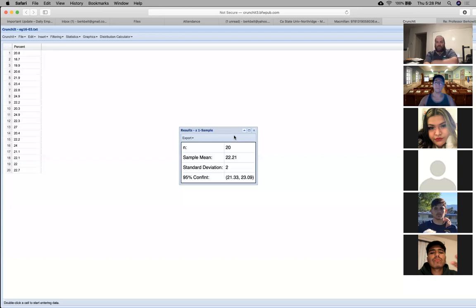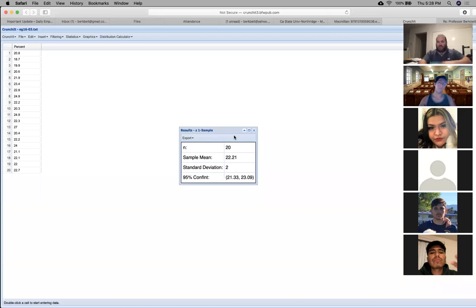Not every confidence interval is going to catch it. Remember, we're not 100% confident. We're only 95% confident. 95% of your confidence intervals of size 20 are going to catch the true value. But the easiest way to interpret it is that we are 95% confident that the true value is between 21.33 and 23.09.